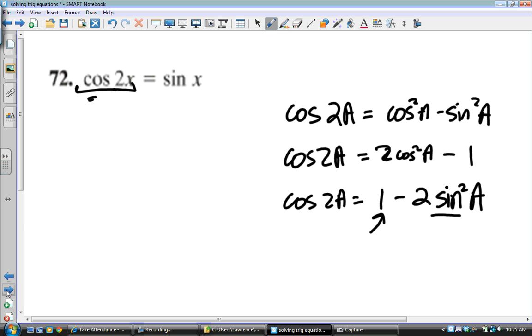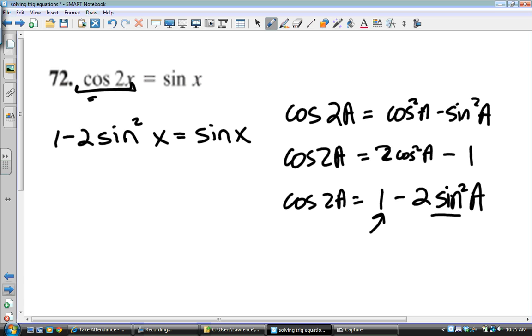So what are we actually going to write right here for cosine 2x? 1 minus 2 sine squared, not a, but x. Now, it's not that big of a deal. Now, it's a quadratic form, and it's one we would do by factoring, wouldn't it?